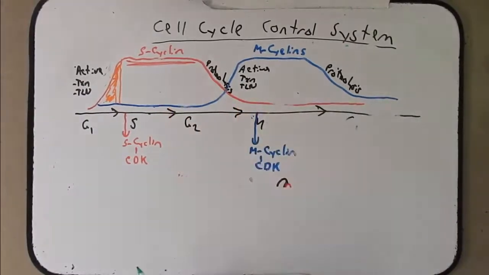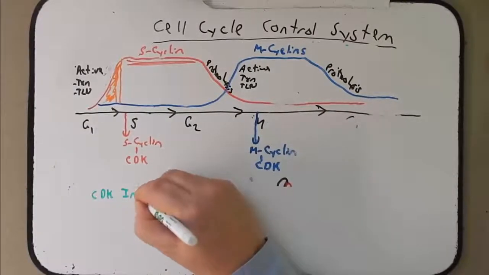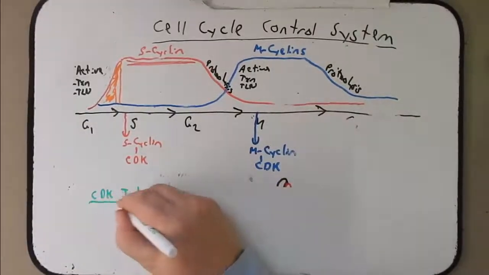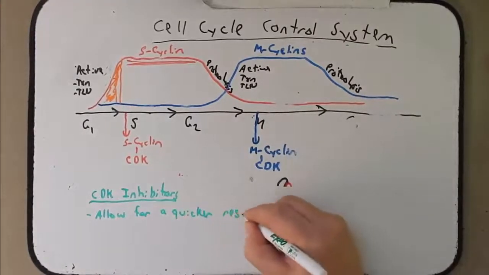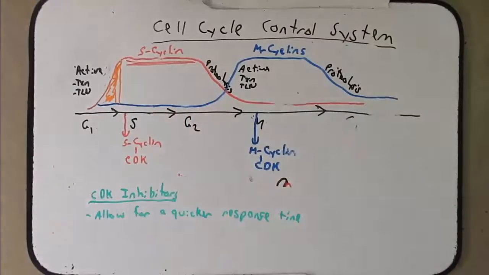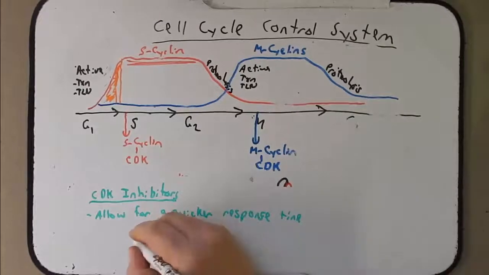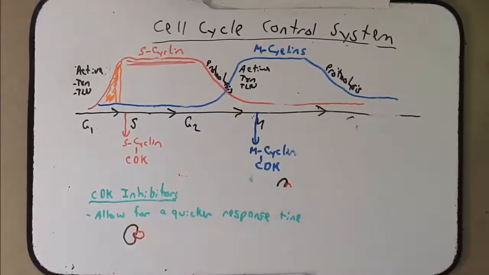The last thing I'm going to talk about with the cell cycle control system are these CDK inhibitors. These CDK inhibitors allow for a quicker response time. They eliminate the need to transcribe a gene and then to translate that mRNA into a protein. And they do so by taking a CDK, like so, that's bound to a cyclin.